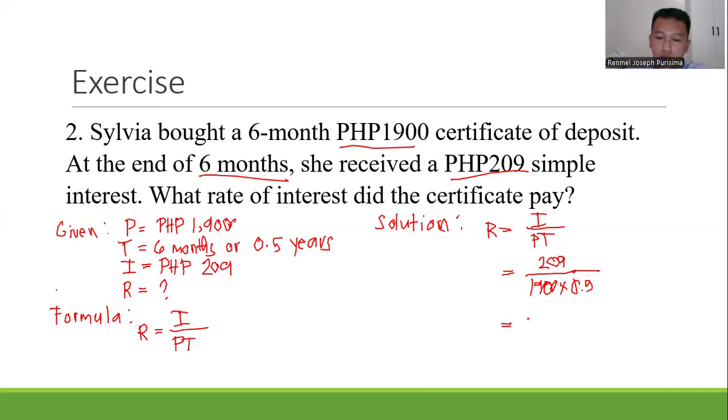This would lead us to 0.22, or 22%, converting the fraction into decimal. So the rate of interest that the certificate pays is 22%.